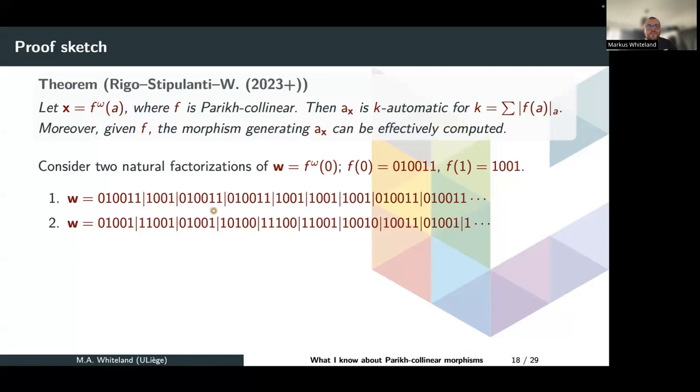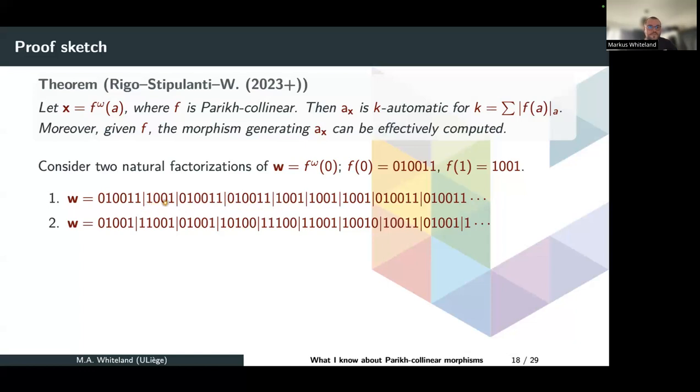And we really want to use this Parikh-collinear factorization to define abelian complexity, because if you have a block that is a full factorization, you know that half of the letters will be ones and half of them will be 0, right?